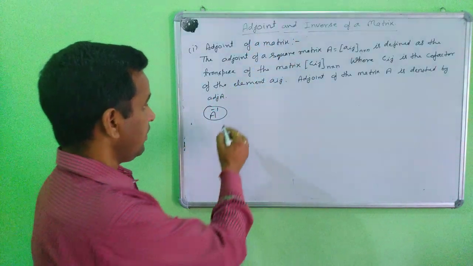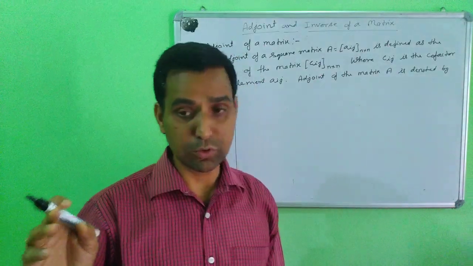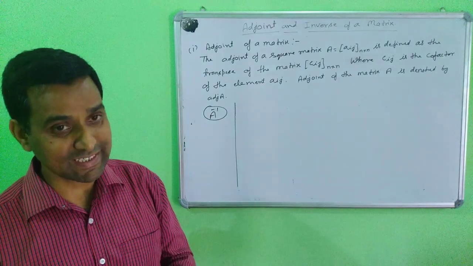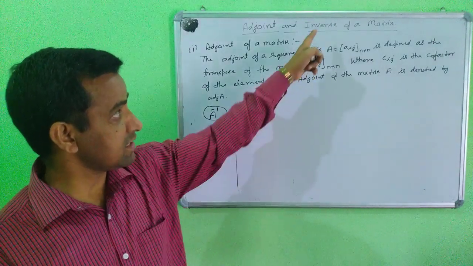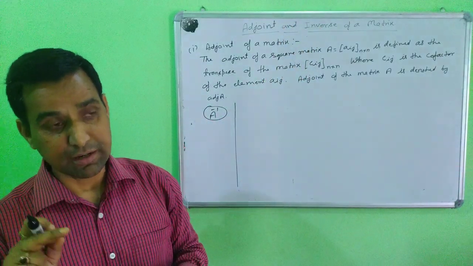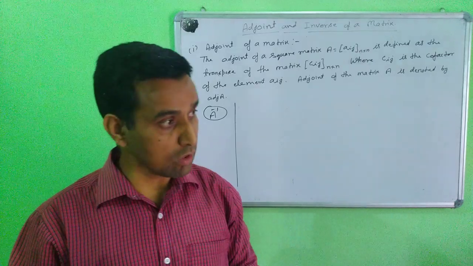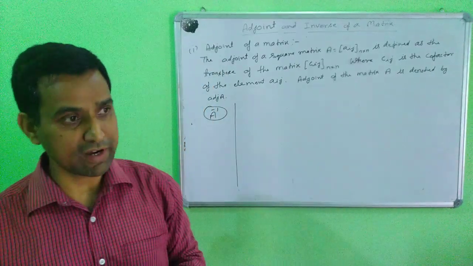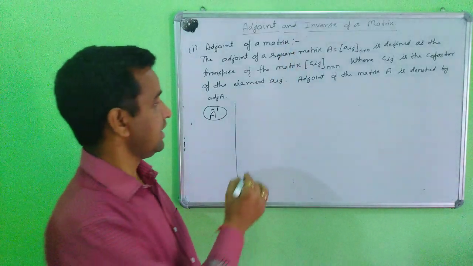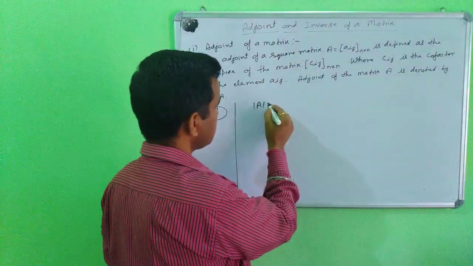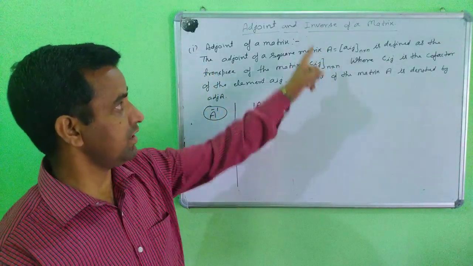I already discussed singular and non-singular matrices in the lecture. First you check whether the matrix is singular or non-singular, before finding the inverse. If the matrix is singular, meaning the value of the determinant is 0, then you will not find the value of the inverse.